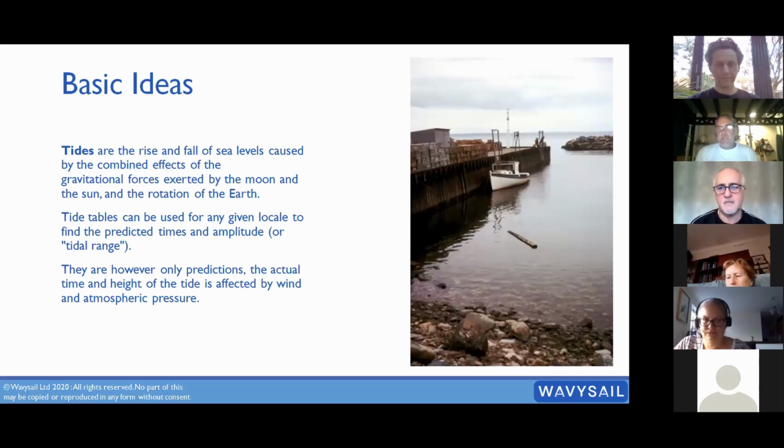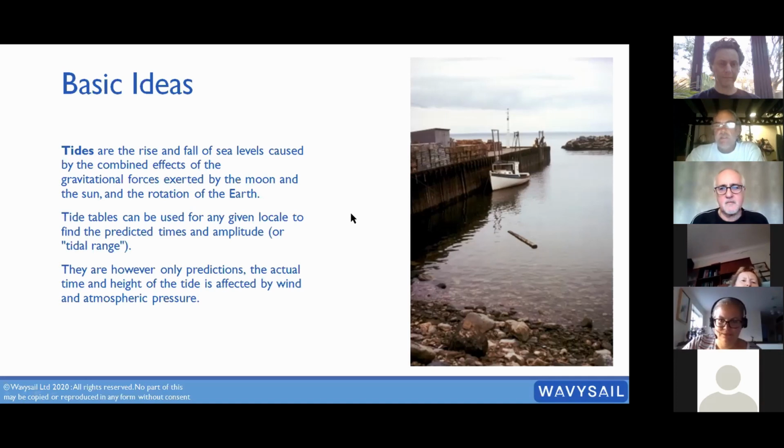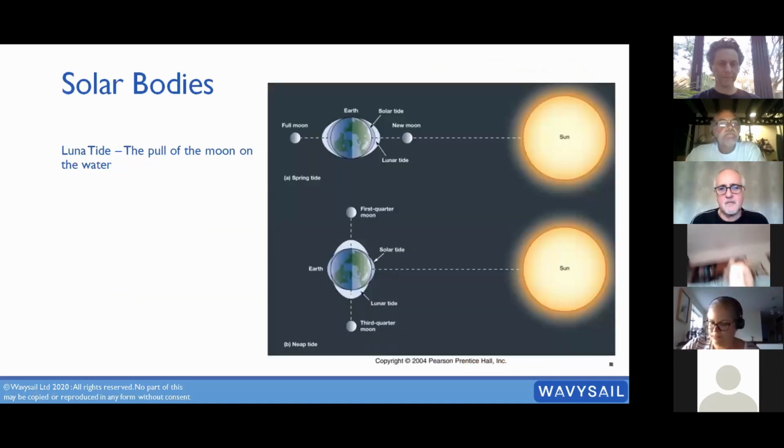So if it says it's going to come in 2 meters, it could well only come in 1.5 or come in 2.5, just depending on what the atmospheric pressure is. And we've all heard of tidal surge and things like hurricanes, where you've got extreme low pressures and the tide gets extra high. So these are just predictions. So always give yourself a bit of leeway on tides.